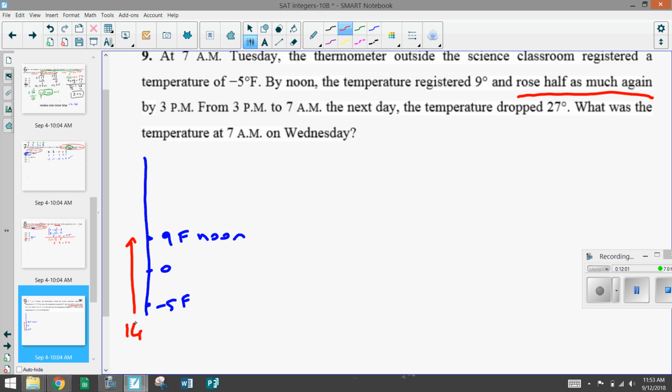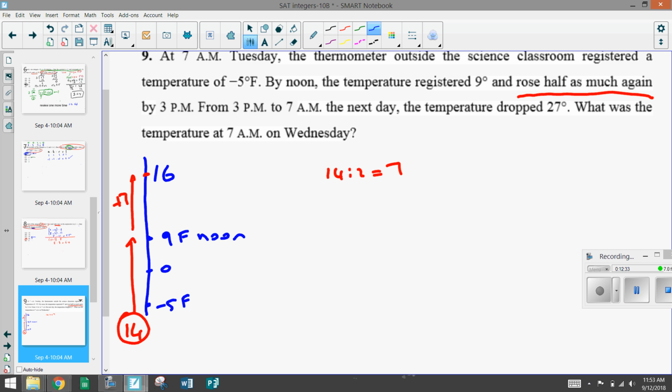And half as much again: 14 divided by 2 is 7. Yes, it's going to rise 7 more. 9 plus 7 is 16. Okay?